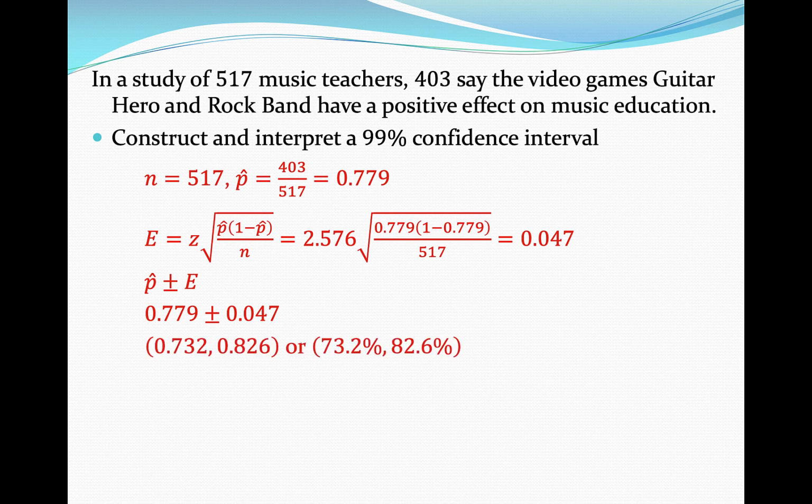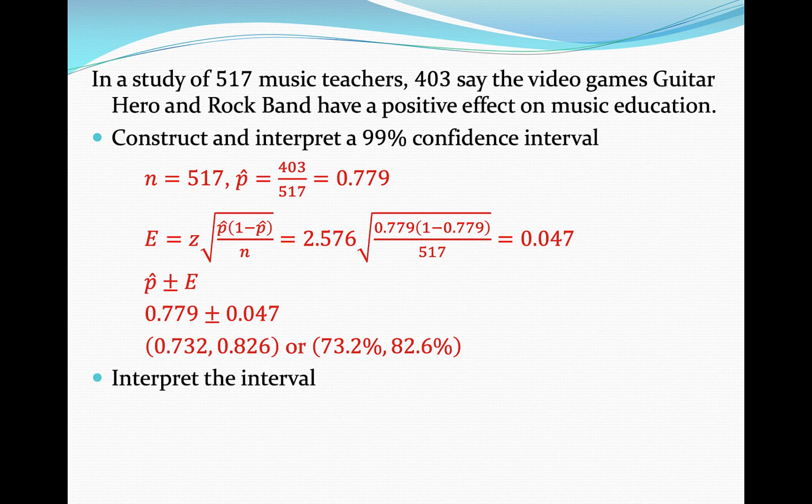Our interval here is 0.732 to 0.826, or if you prefer, you can write this as a percent. You should be able to switch back and forth between decimals and percents. Most commonly when we interpret these proportion problems, we're going to interpret them as percents because that tends to be what the average person understands a little better. So we're going to say the percent is between 73.2% and 82.6%.